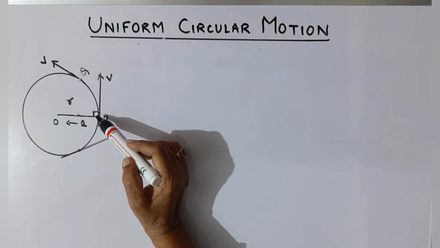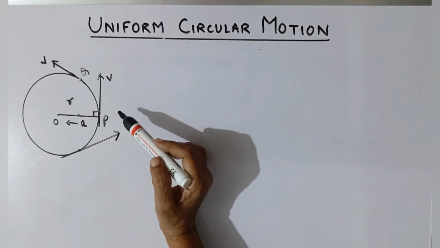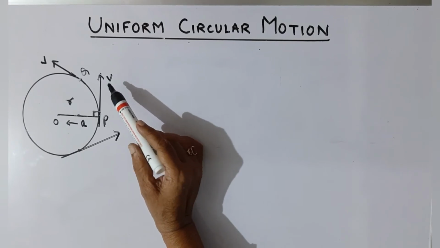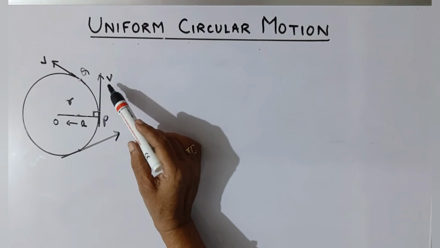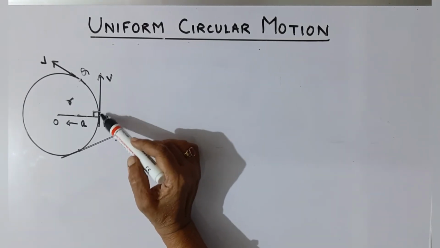Here it is an important point to remember that although the speed is constant, the velocity is not constant, because we know that velocity may change either by the change in magnitude or by the change in direction. Here the magnitude of the velocity remains constant, but the direction is changing continuously.